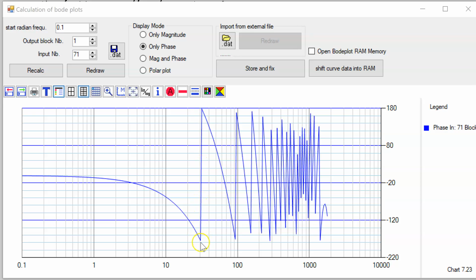So negative 180 is the same as positive 180, because the information in this diagram is the information about the phase shift of the sinusoidal signal. And if you shift a sinusoidal signal by 360 degrees positive or negative, then it cannot be differentiated from the original one. So a shifting of 360 degrees is unimportant for a sinusoidal signal.